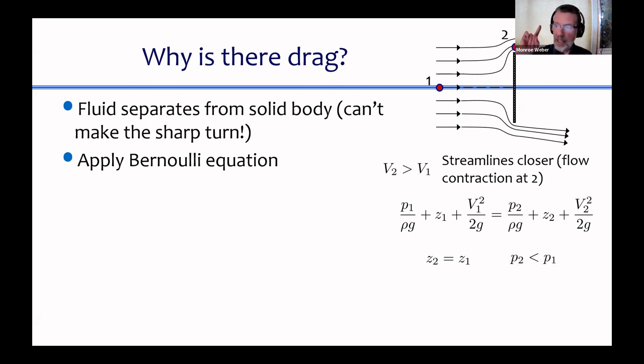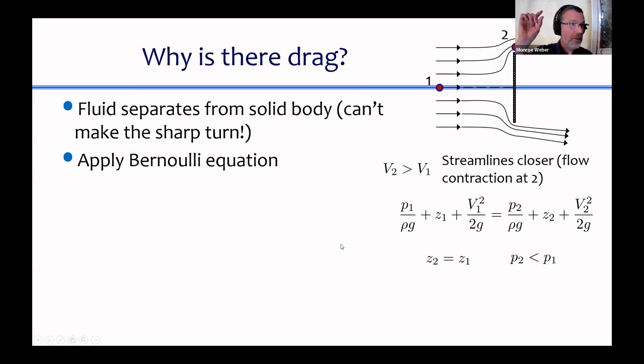And that means, because the only other terms left are the velocity terms, if V2 is greater than V1, then P2 has to be less than P1. Are you fine with that conclusion? Because V2 was big, that means P2 has to be small to make the equation match.